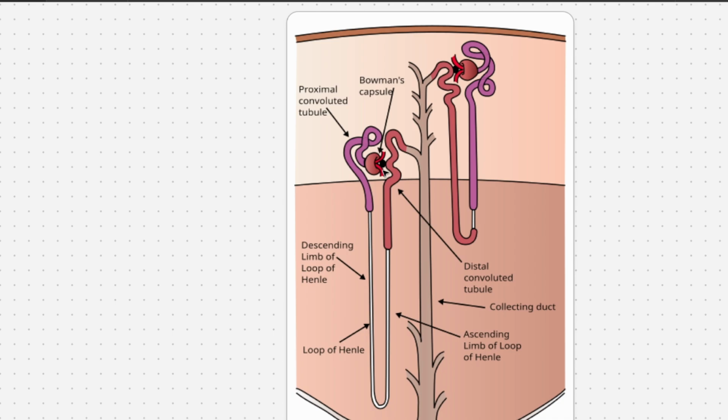So the arteriole divides into these tiny capillaries of blood, and this is where the interface between the kidney and the blood happens, inside the glomerulus, inside the Bowman's capsule. And this is where the glomerulus acts as a sieve.